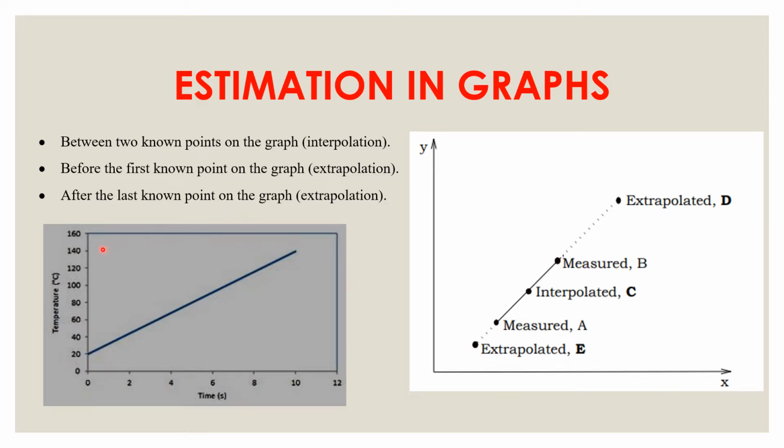But if I want to know what is the temperature reading at 11 seconds, what I will be doing is to join a line using a ruler so that I will be able to make accurate predictions, and then find out where the 11 second is and make a mark. Take a reading across, and we will see that the estimated temperature will be 150 degrees Celsius. This is an estimation made beyond the point. So that is the extrapolated point.